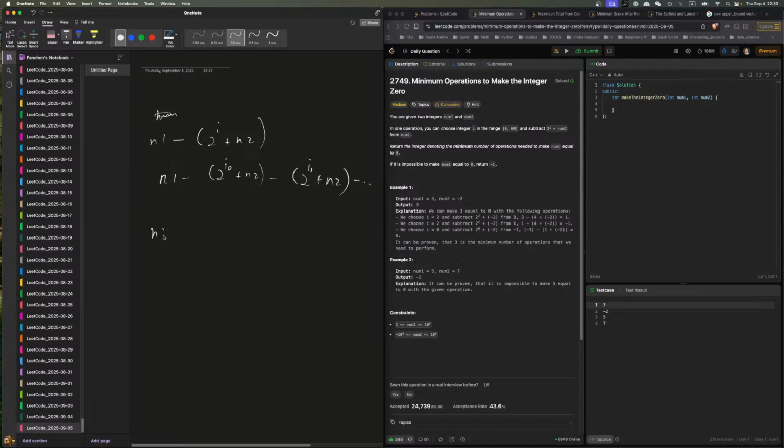So basically n1 minus k times n2, and then minus 2 to the i0 plus 2 to the i1 plus 2 to the i2 plus ... plus 2 to the ik. And what we want to know is, to make this into 0, what is the minimum number of k?